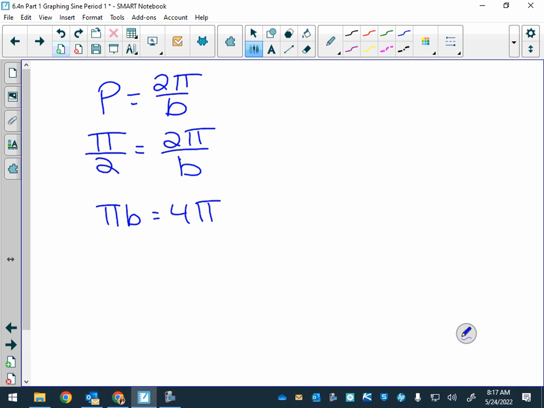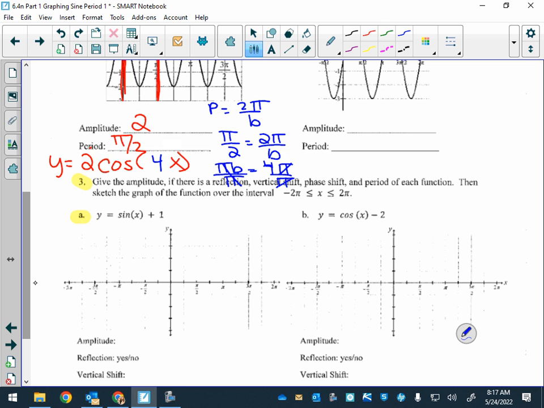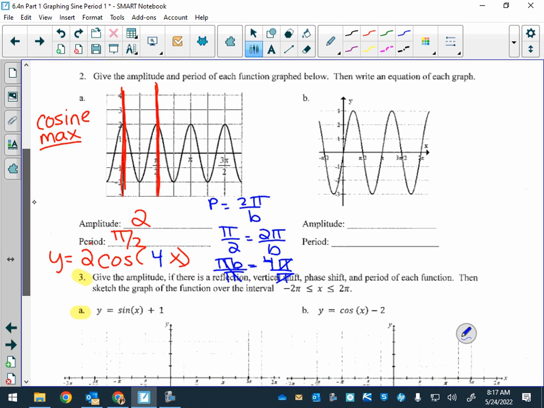We need to find that b value for this equation. So we divide by pi, b equals 4. Okay, that finds your b value in front of x. Makes sense? All right, let's look at b.